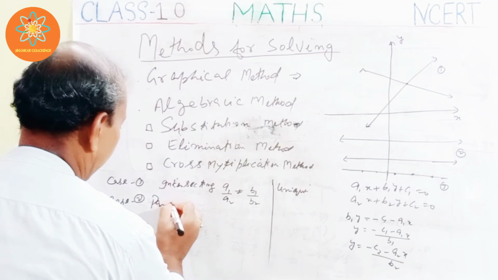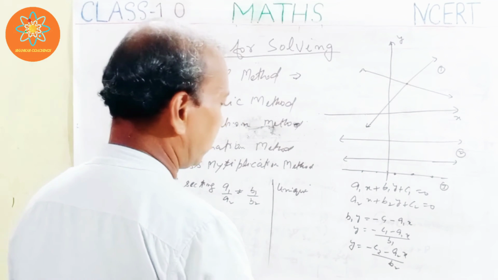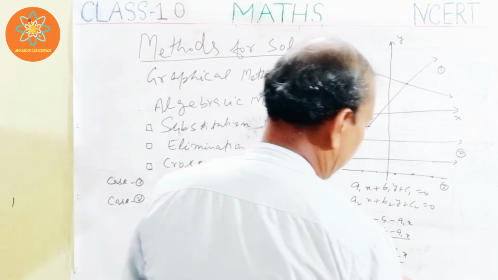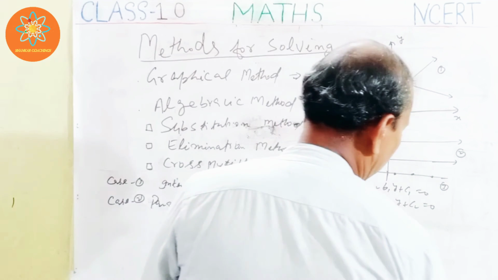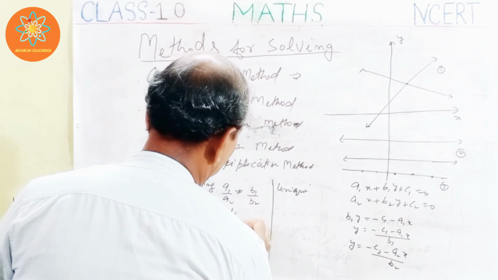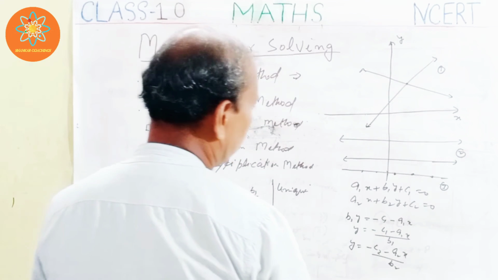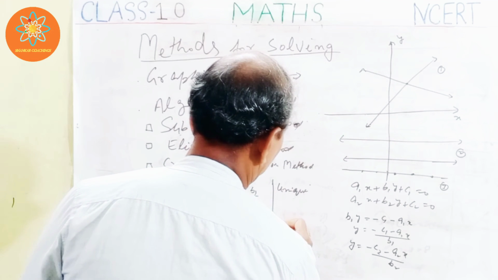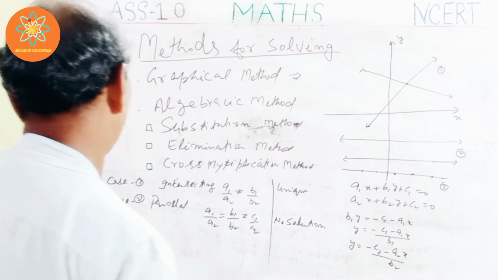For the parallel lines, you have A1 by A2 equal to B1 by B2, and this is not equal to C1 by C2. This is the case of parallel lines, and in parallel lines there will be no solution.